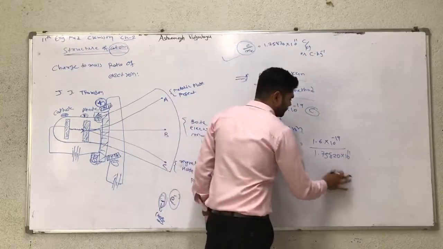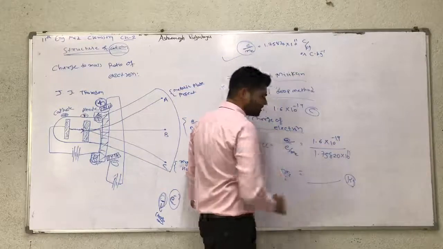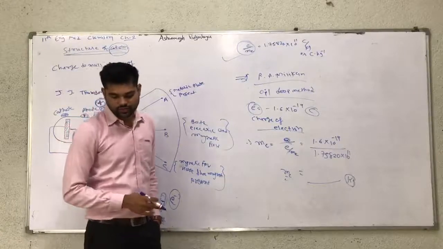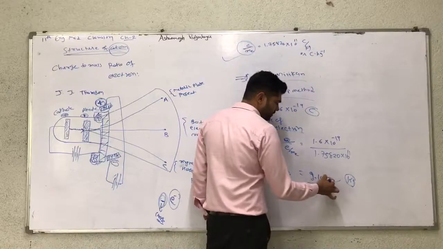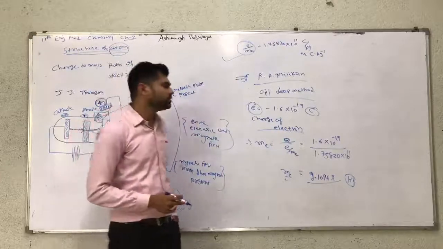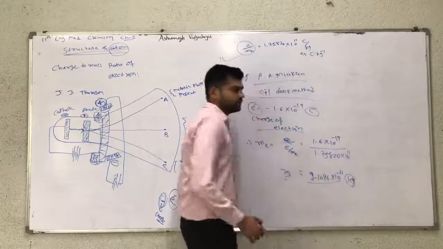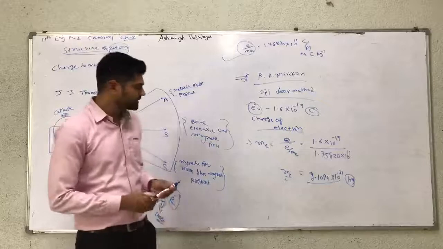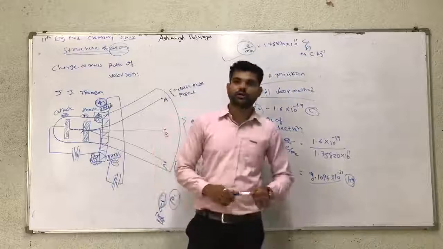The unit is kg. After calculation we find the answer: 9.1094 into 10 raised to minus 31 kg, the mass of electron. So by combining the two experiments, we finally find the mass of electron.